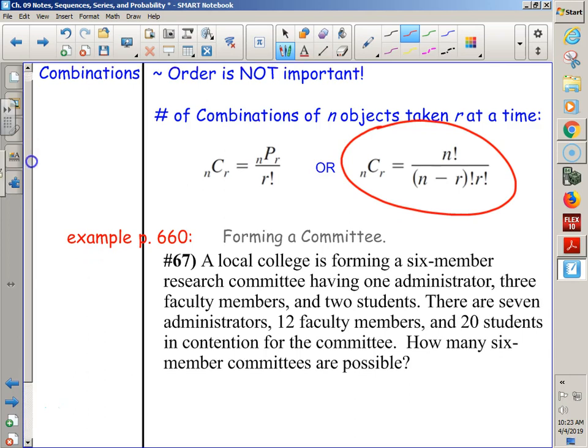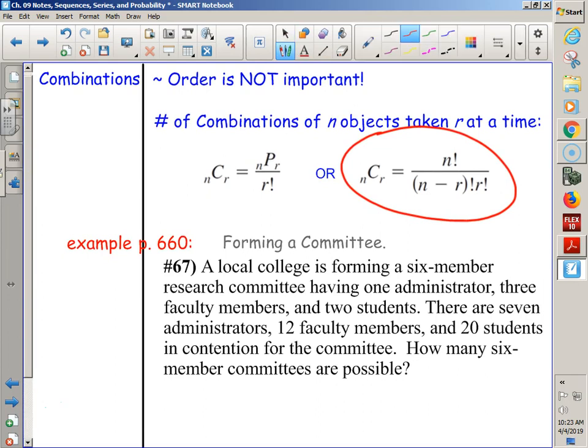Just real quick off to the side, nPr, oh, my marker's not working. nPr, remember, isn't it n factorial all over n minus r factorial? Why would you divide by another r factorial? Those r things wouldn't necessarily be repeats. They wouldn't be the exact same thing.